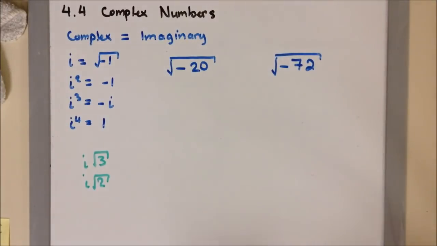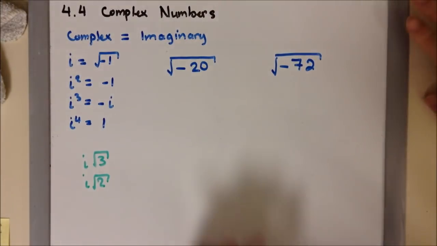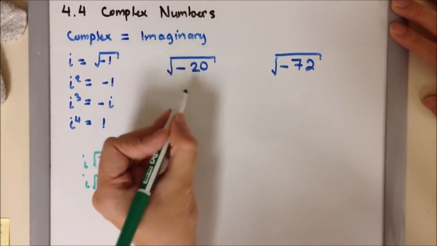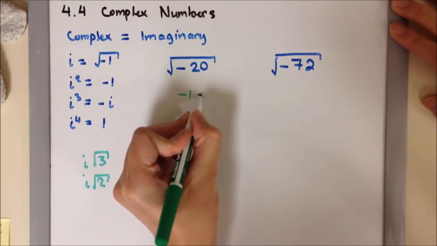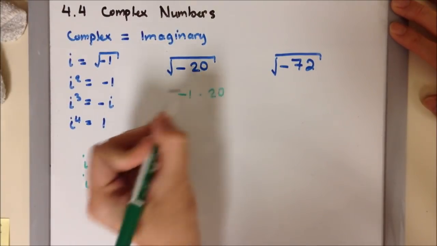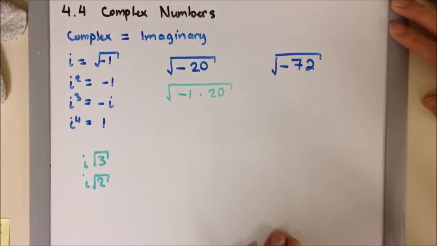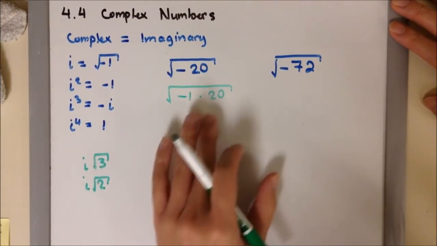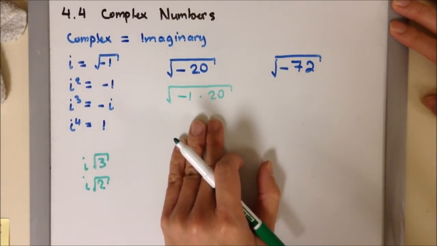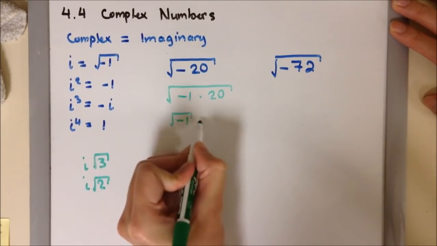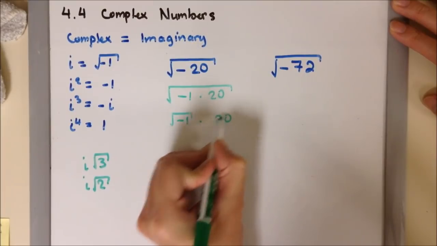So first off, since it's -20, I'm going to factor out the -1, so -1 times 20. And then since it's multiplying, I can split this into two square roots. So the square root of -1 times the square root of 20.